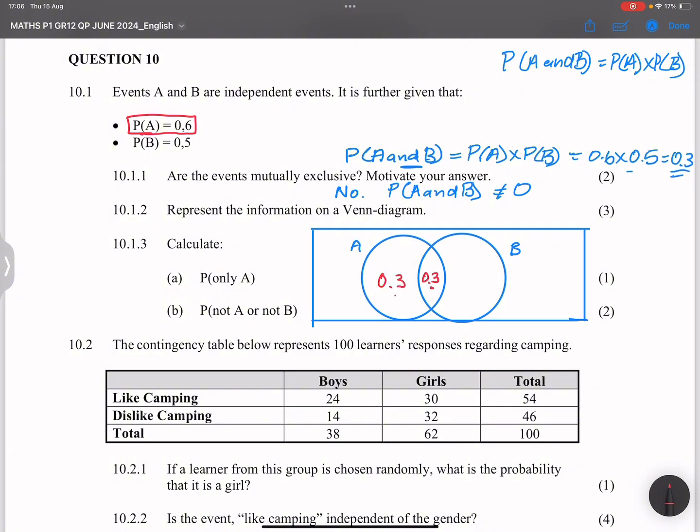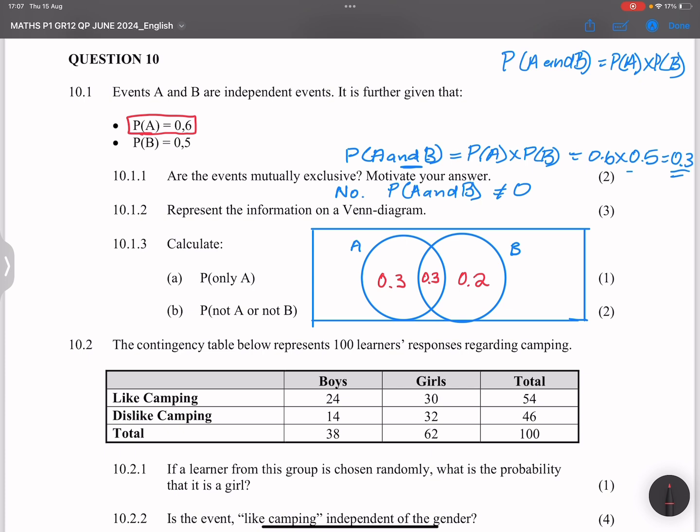So 0.3 plus 0.3 gives me 0.6. And now for the probability of B, we had 0.5. So that's everything under B should be 0.5. If we already have 0.3, this part here should be 0.2.